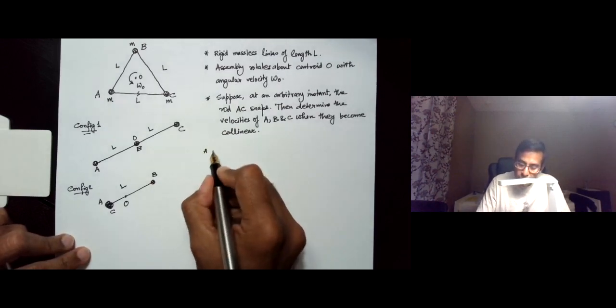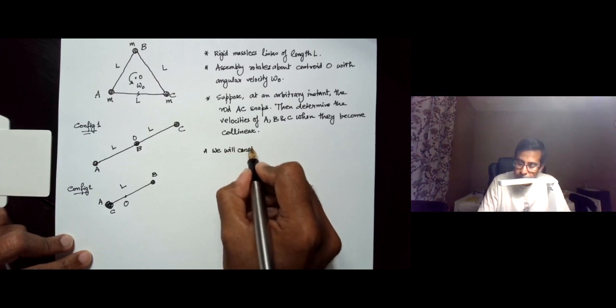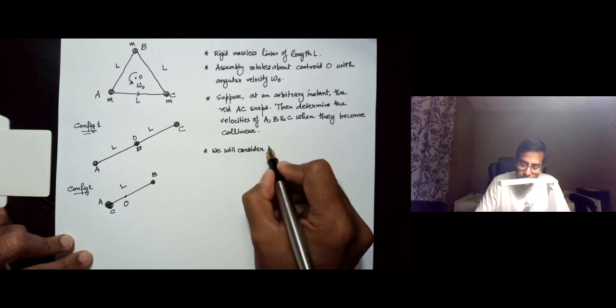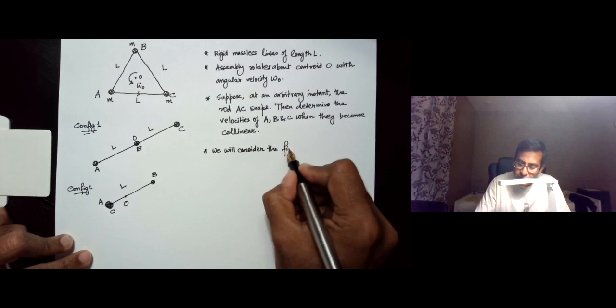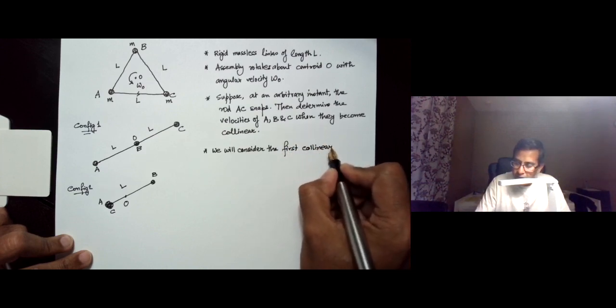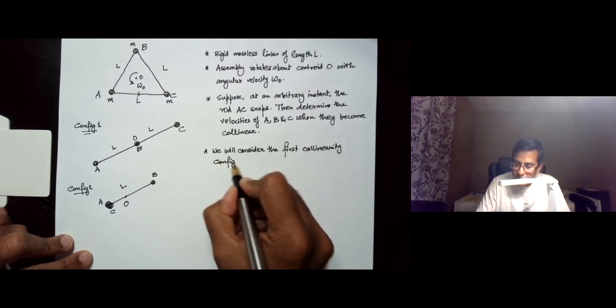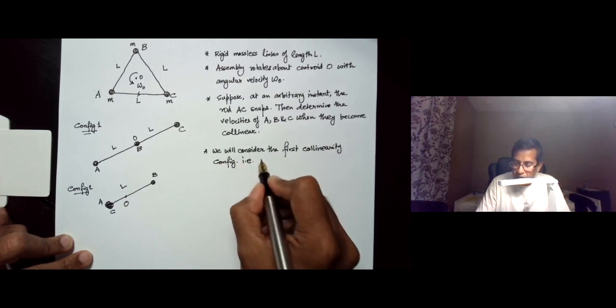Now we will be focusing on the first collinearity configuration, i.e. config 1.